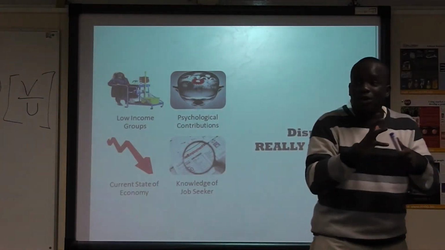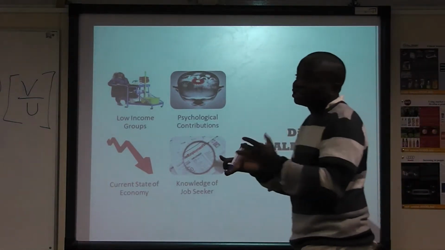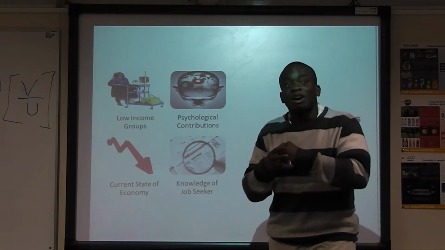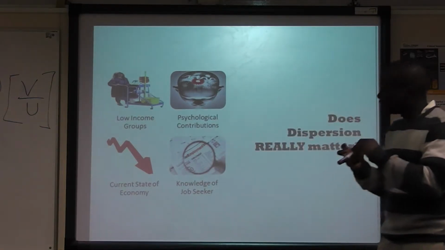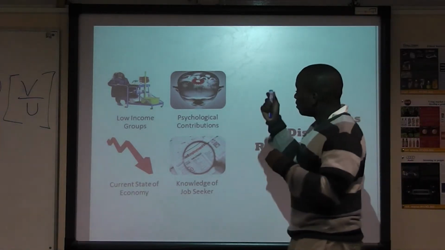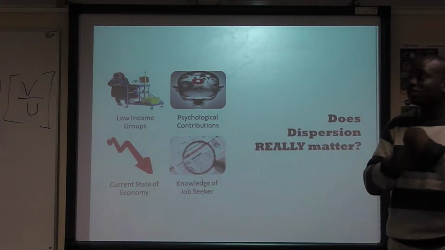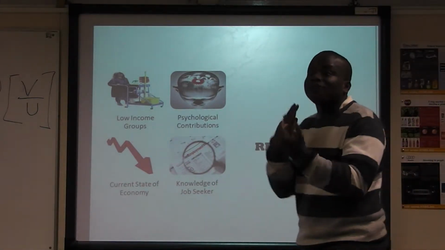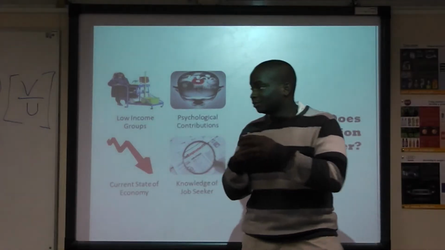So we have to look at workers who are in competitive industries, workers who have significant wealth, workers who can live comfortably unemployed. I think that was an important distinction to make. Then there's the knowledge of the job seeker. We've talked about knowledge. It's not perfect, but job seekers have some idea of the other offers available in their industry.